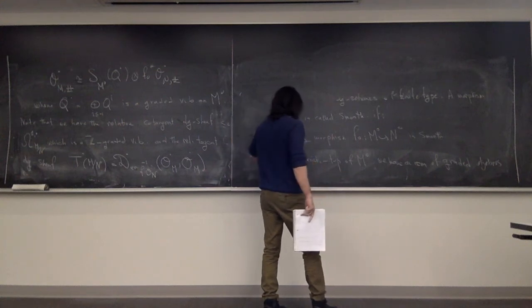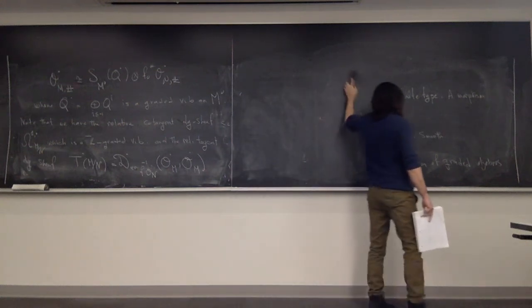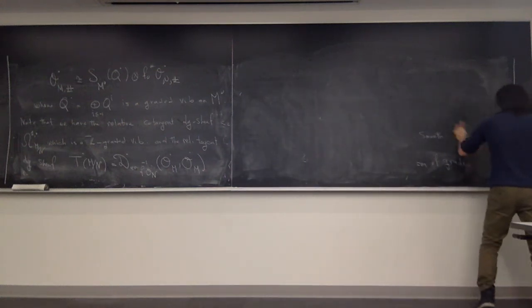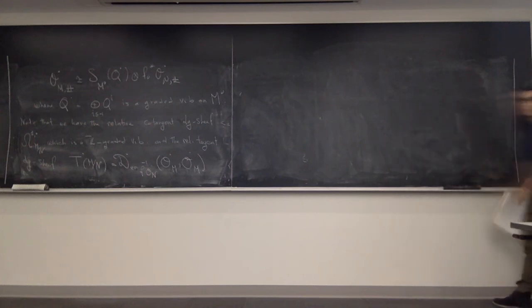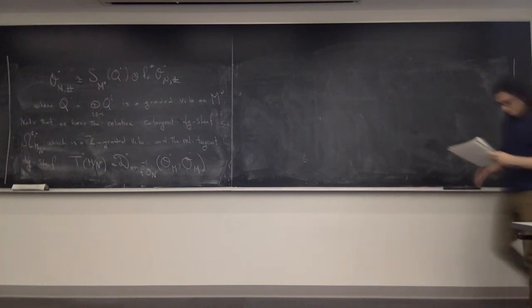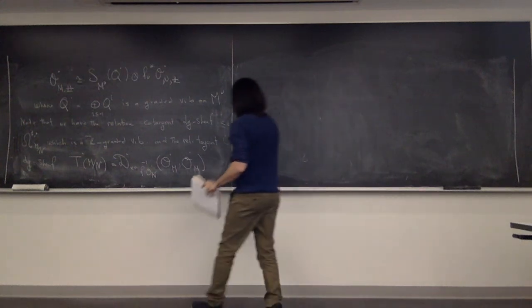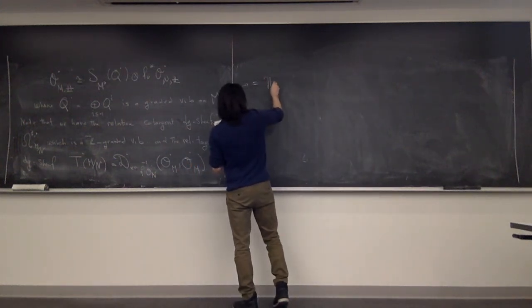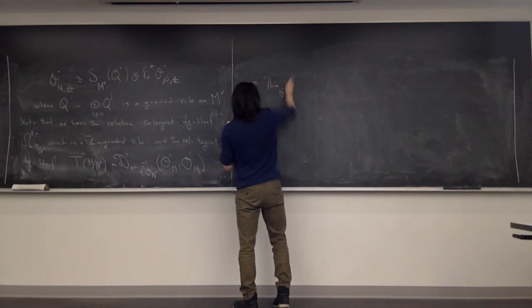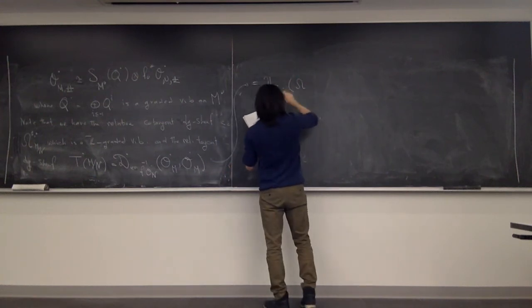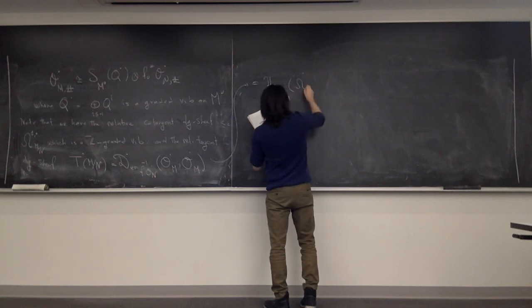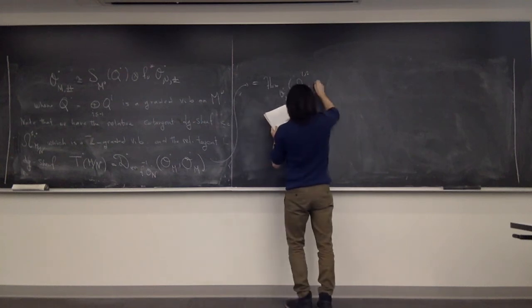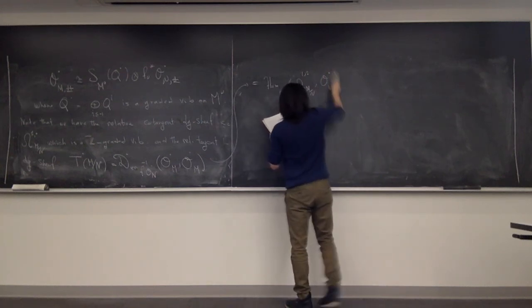And later we will do relative cotangent complexes of DG smooth, or non-smooth DG smooth. And this thing is equal to, again, homomorphisms over this module, O dot M modules, from omega 1 dot M over N to O dot of M.